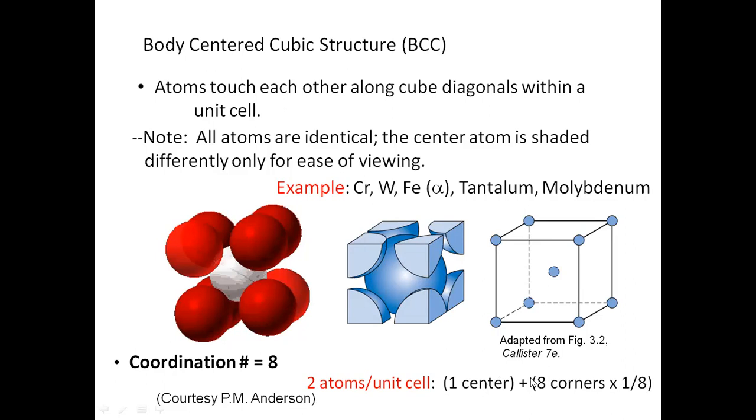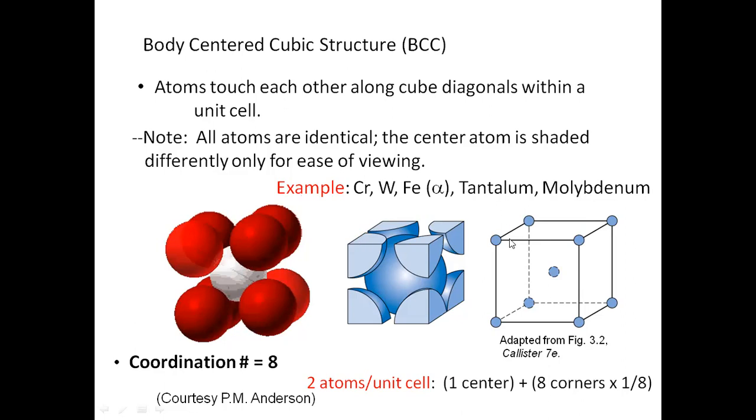So 1 plus 8 times 1/8 gives you how many atoms? Two. 1 plus 1 simply gives us 2 atoms.